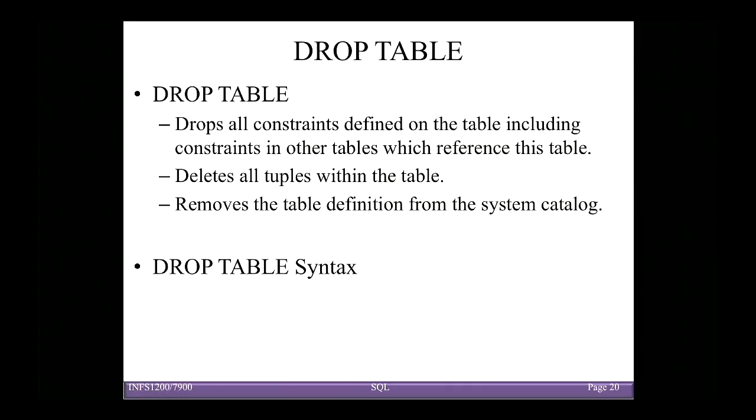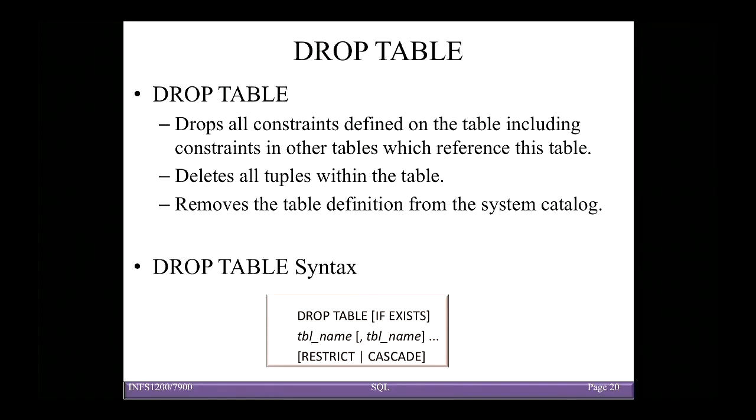Similar with drop. Drop table would allow you to drop the entire table, right? Essentially that would delete the table. And if you want to drop the table, you can say drop table. Depending on what version of what database management system you're using, sometimes you need to add that if exists. If you don't have it and you say just drop table, sometimes it would give you an error and say the table doesn't exist. So drop table if exists, you give it the table name, and you can say restrict or cascade.